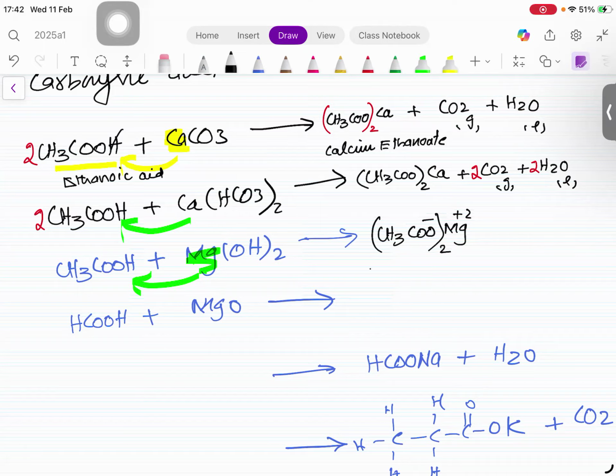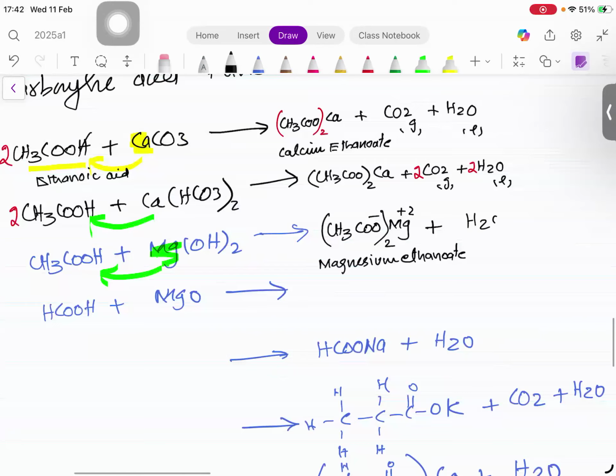And the salt name is magnesium ethanoate, plus H2O. So in order to balance this, multiply it with 2 and then 2 here. Salt name is magnesium ethanoate.